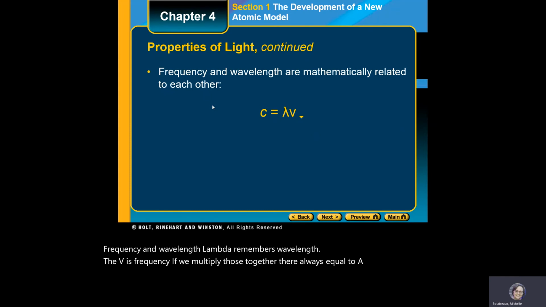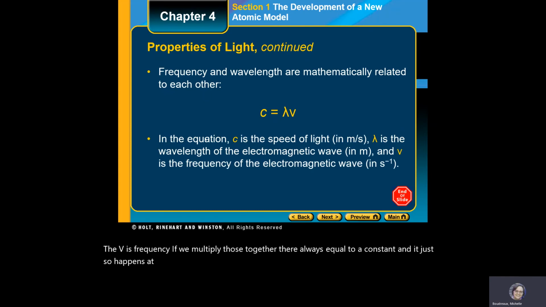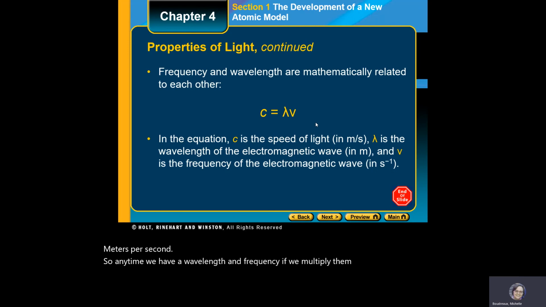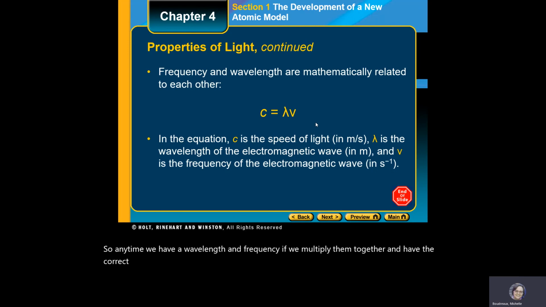And it just so happens that that constant, c, is the speed of light, which is 3.0 times 10 to the 8 meters per second. So anytime we have a wavelength and a frequency, if we multiply them together and have the correct units, we should get 3.0 times 10 to the 8 meters per second.